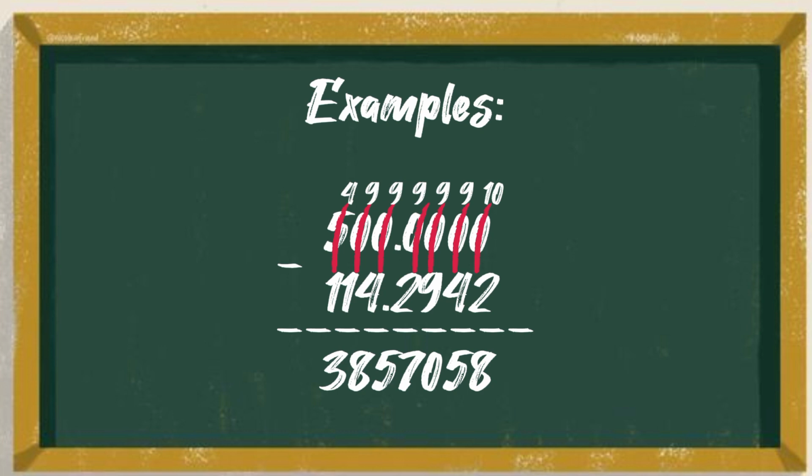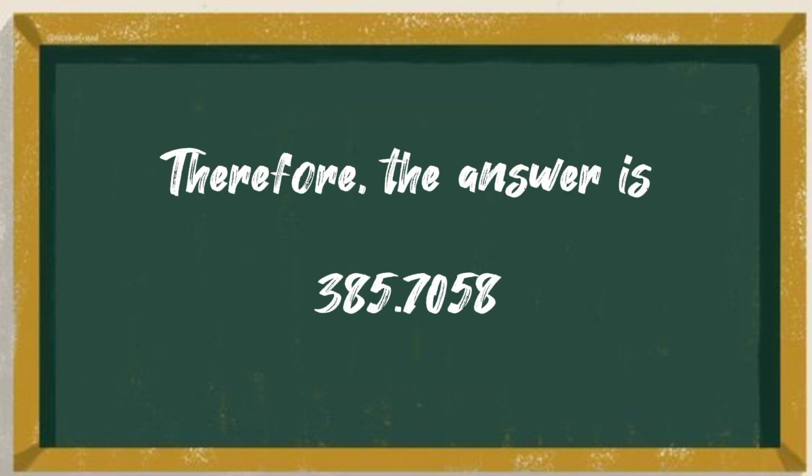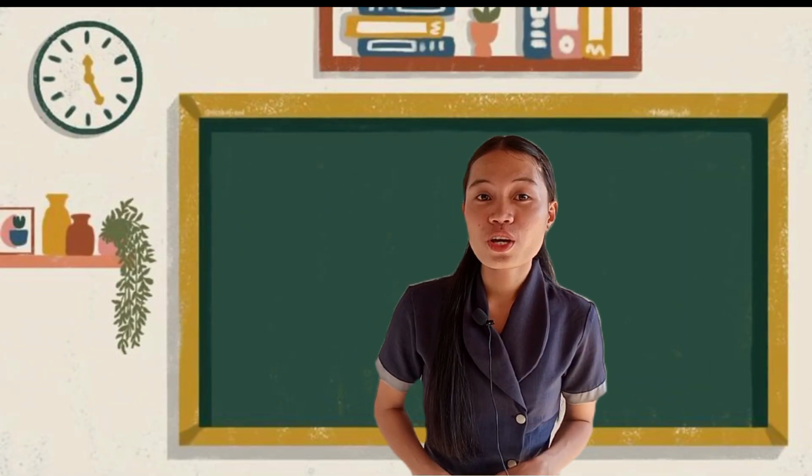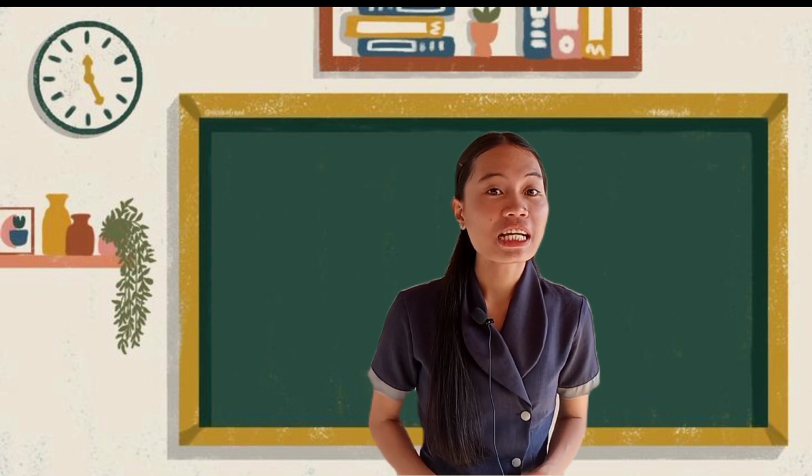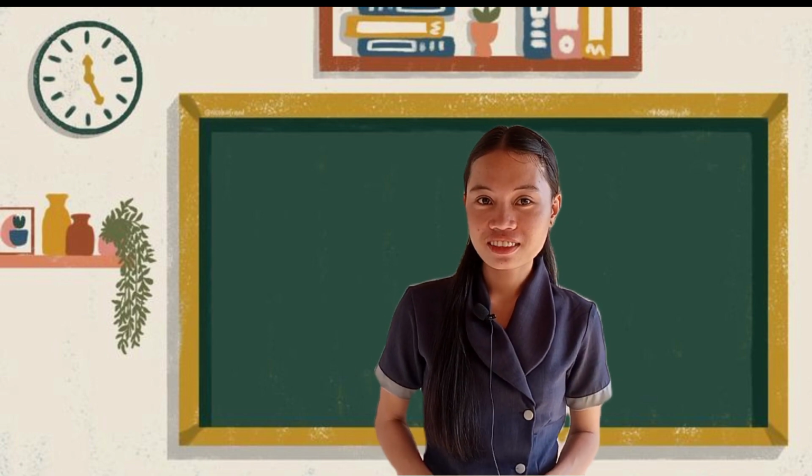Step number 3, subtract as whole numbers. And step number 4, put the decimal points aligned vertically. Therefore, the answer is 385 and 7,058 10,000ths. Did you understand the difference between addition and subtraction?